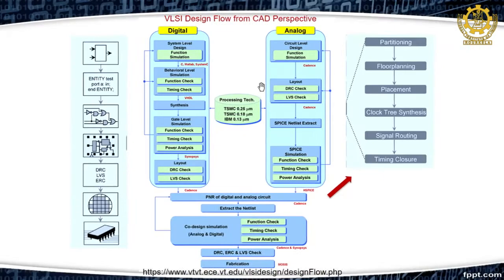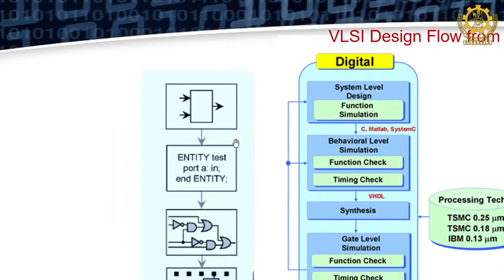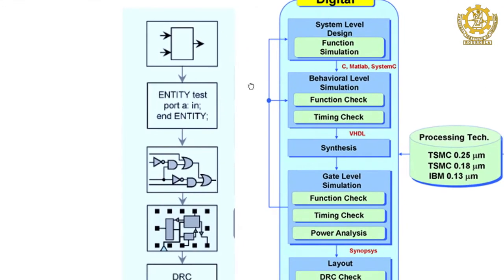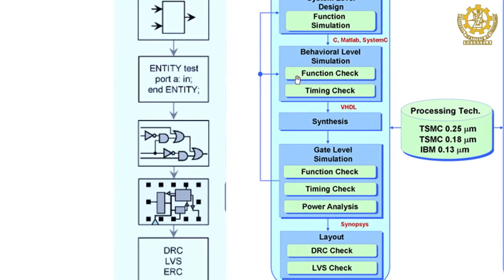On the left side, just for your understanding, I have placed a few equivalent blocks. At the system level, it consists of big blocks that can be further partitioned, and again you can write them at the RTL level using code. It is a representation of VHDL that is written.